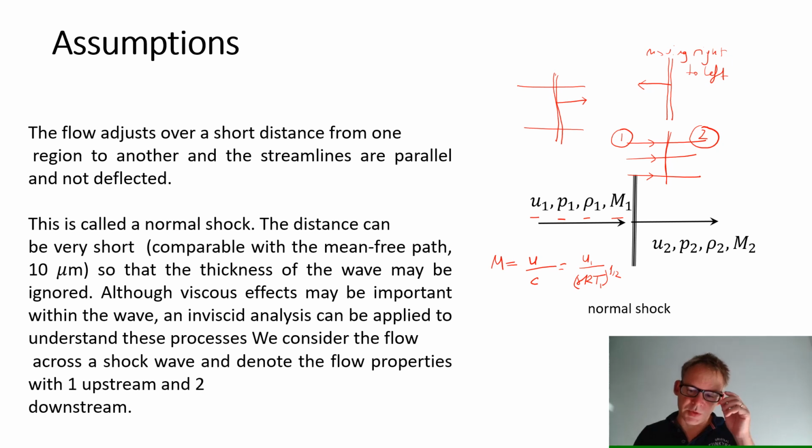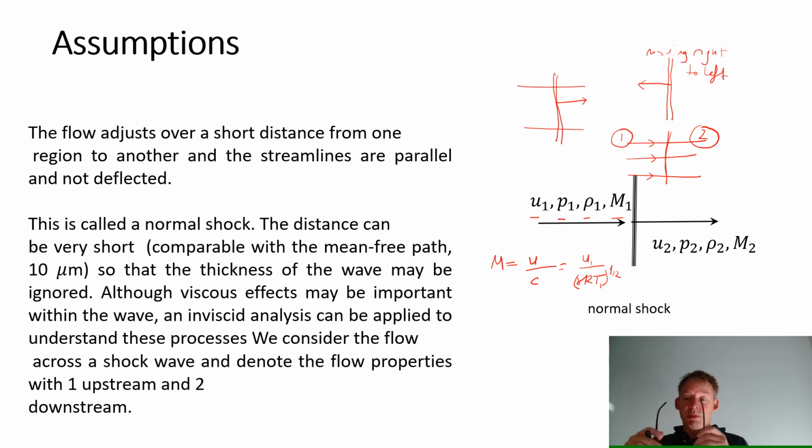And what is the purpose of this calculation? The purpose of the calculation is to know the relationship between the left-hand side and the right-hand side. And what we're probably going to understand when we do this is that it's going to be expressed in dimensionless form.